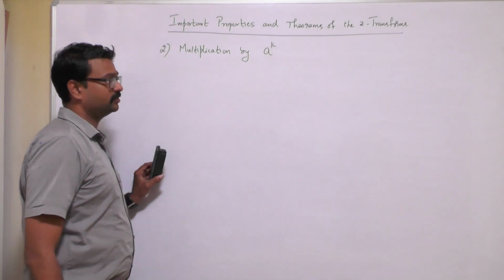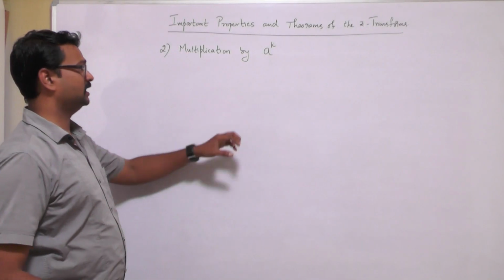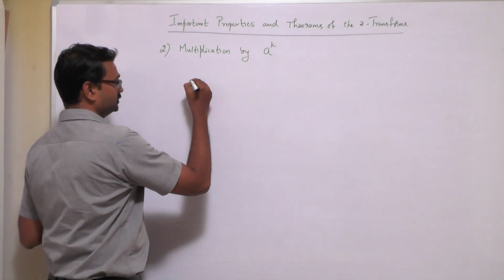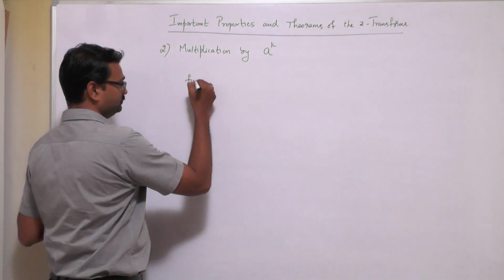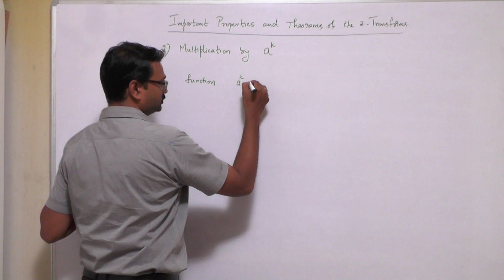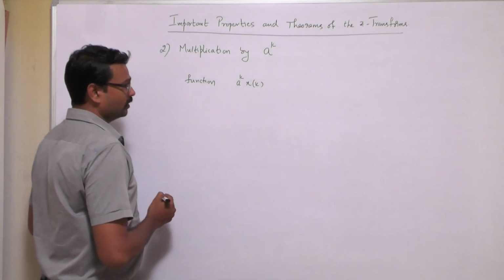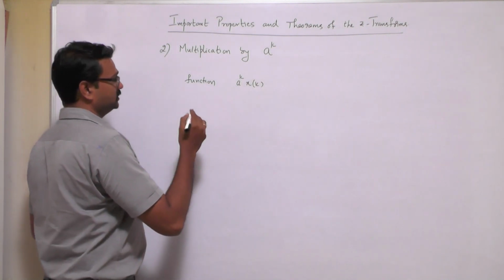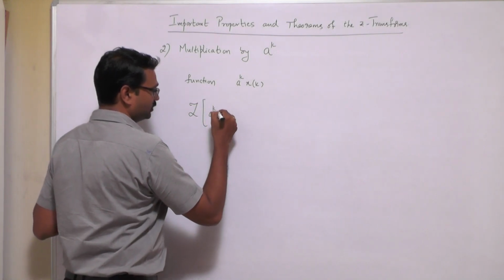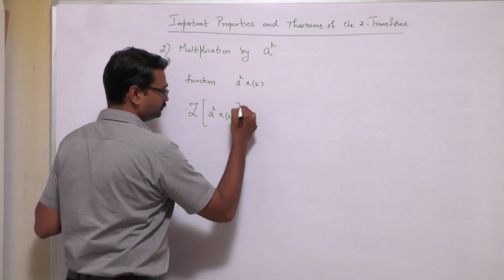As we have discussed in our previous class, a power k is a polynomial function. Now what is our function? A power k x of k. Previously it was a, now it is a power k x of k. And what is the Z transform of a power k x of k?